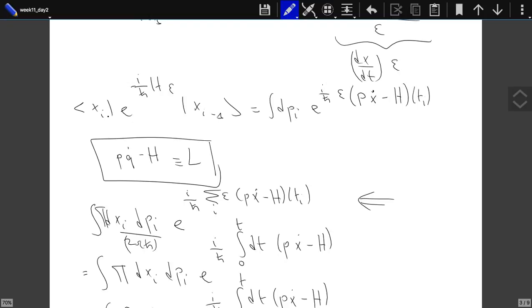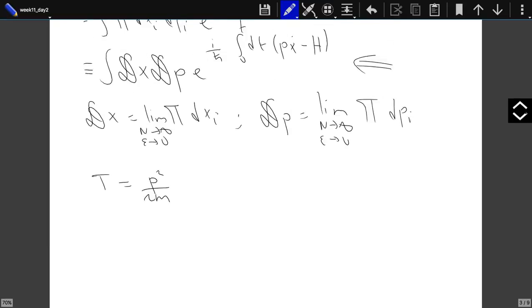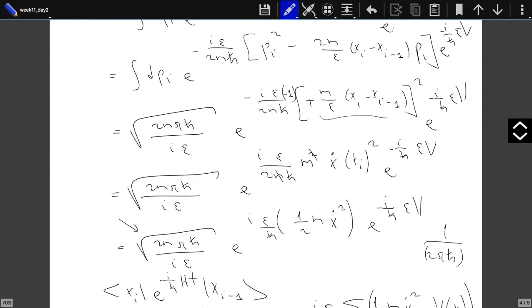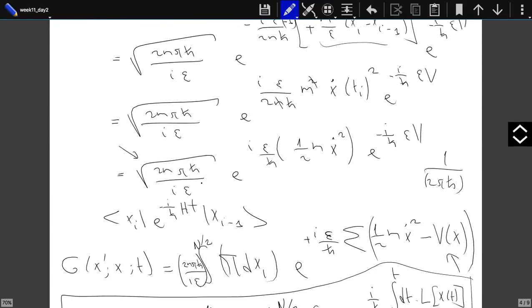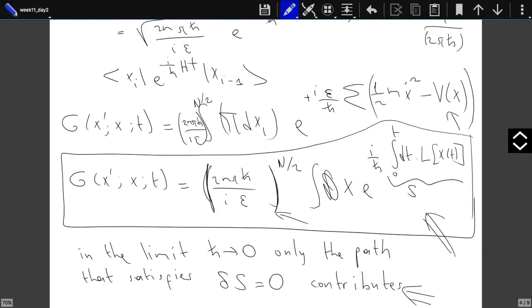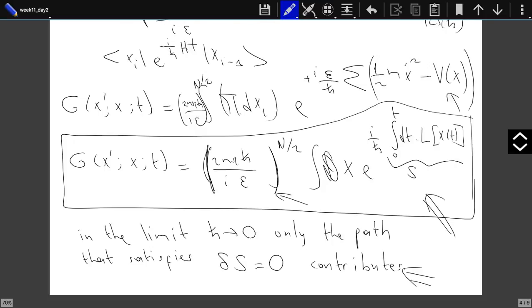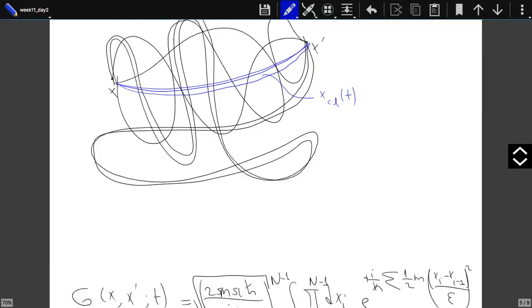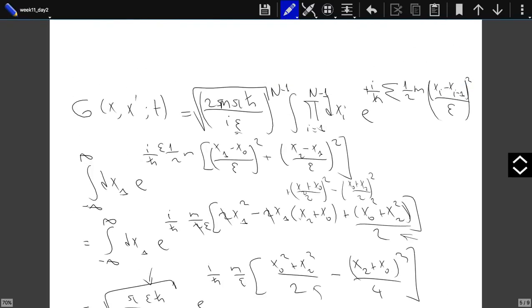Do you agree? So we have n momentum insertions. Each one of these momentum integrals brought this factor. So probably I was right when I said this was n over 2, not n minus 1. So this is n.